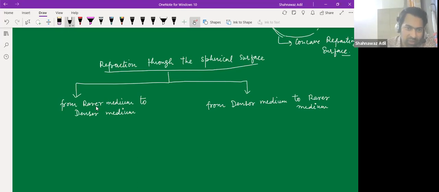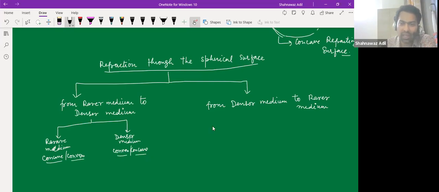Right. So there can be two scenarios that this rarer medium could be concave or convex. So two scenarios, and denser medium could be convex or concave. So four scenarios, right? And similarly for this one.